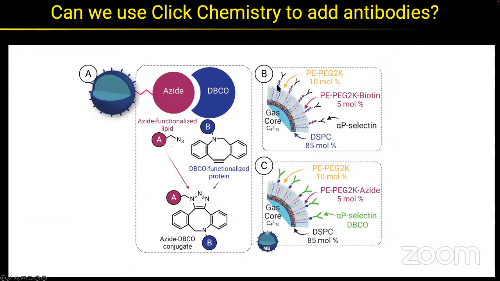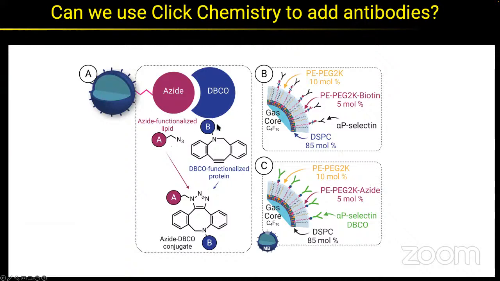So what we did here is we asked whether we could use copper-free click chemistry to add antibodies to the surface of our microbubbles. We designed microbubbles where we added a lipid that had an azide on the end of a long polyethylene glycol chain.